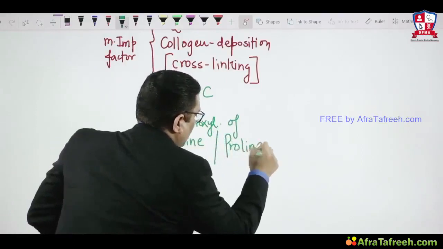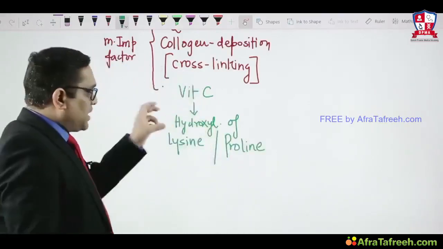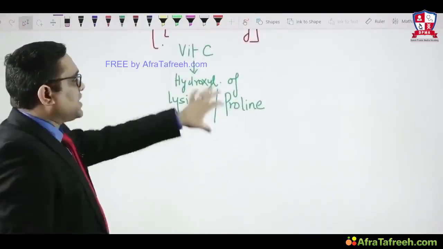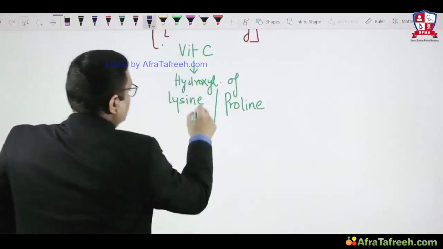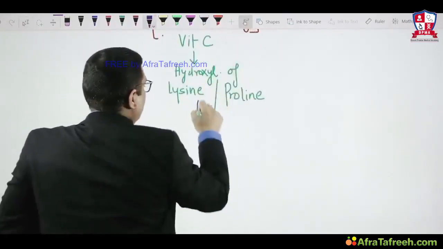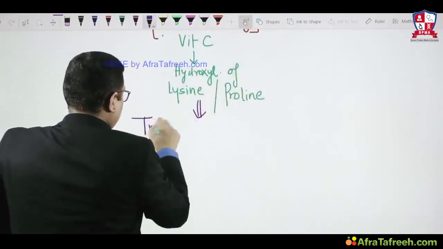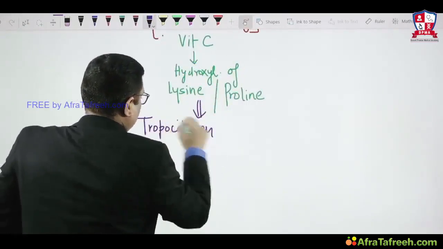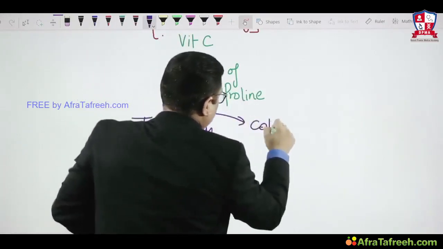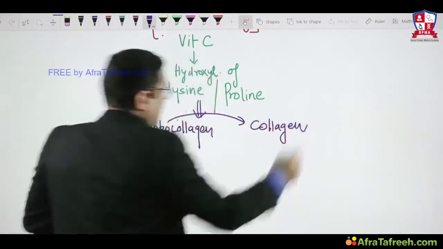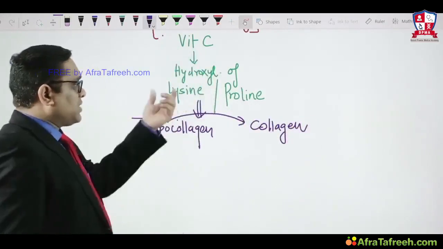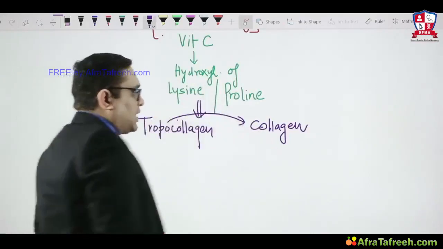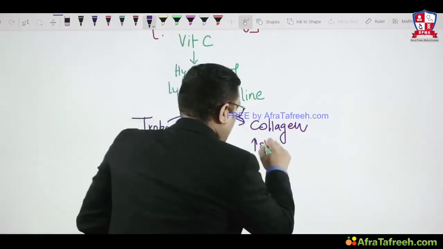Why is hydroxylation of these amino acids, lysine and proline, required? Vitamin C, by causing hydroxylation of lysine and proline, will convert tropocollagen to collagen. So this is how cross-linking will be done. Tropocollagen will be acted on through lysine and proline, and then it will be converted into collagen, and this is how strength of wound will be increased.